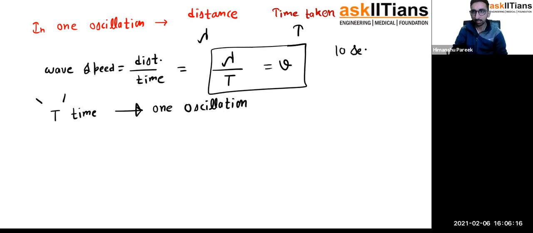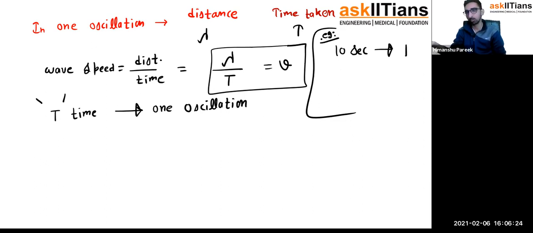So in 10 seconds, how many oscillations have I produced? One. I'm just taking one example. In 10 seconds, I bring my hand back to the same position. That is called the time period. In that much time, the wave will cover lambda distance, the wavelength. So 10 seconds is the time period, for example.